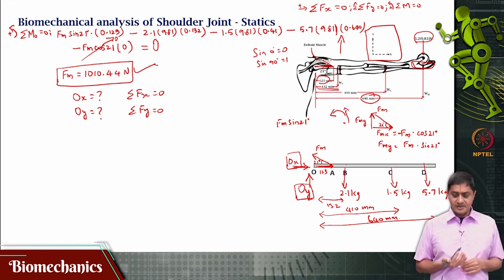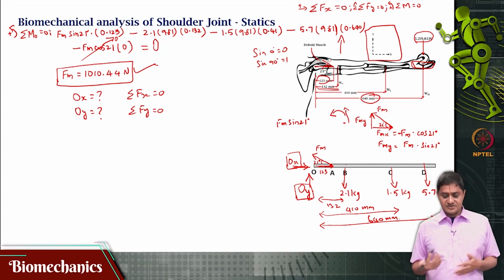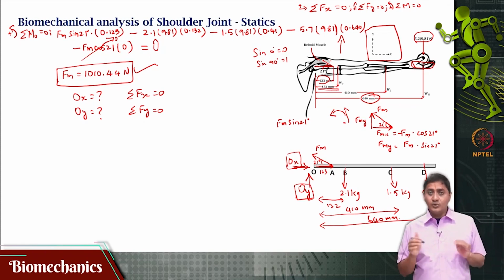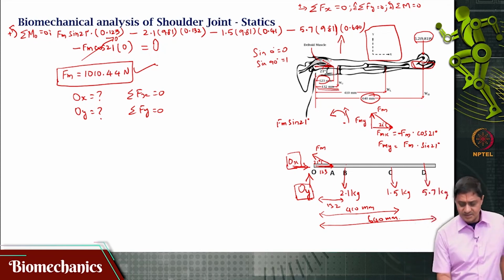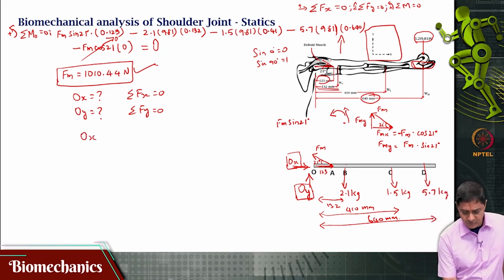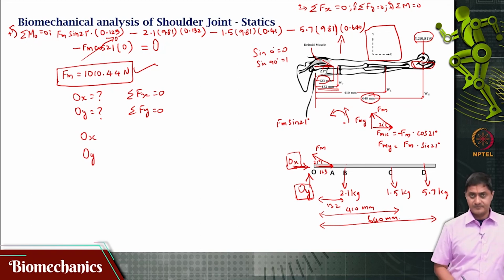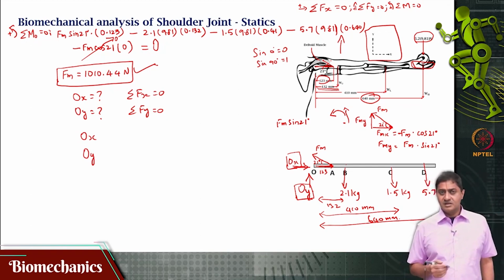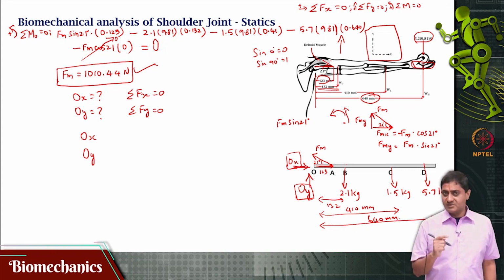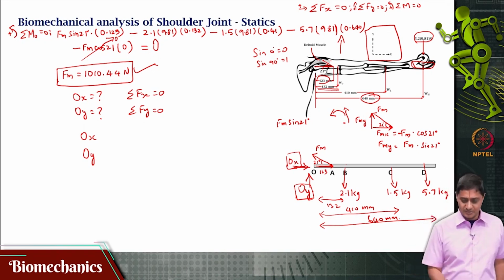So I can write out sigma Fx equal to 0, sigma Fy equal to 0, including Ox and Oy, and solve for them, because each of them will be one equation in one variable. The other variables that will be there are Fmx and Fmy, but we know Fm, so you can compute that.